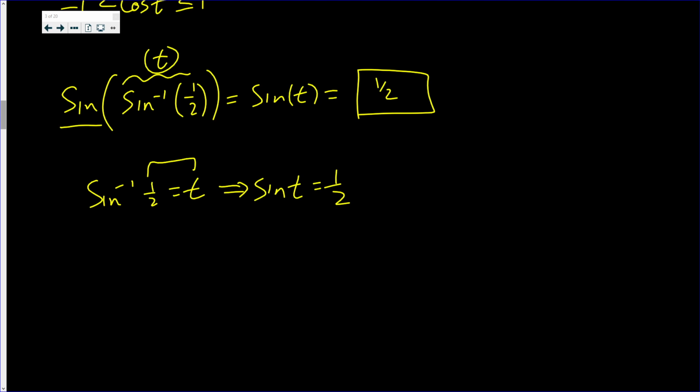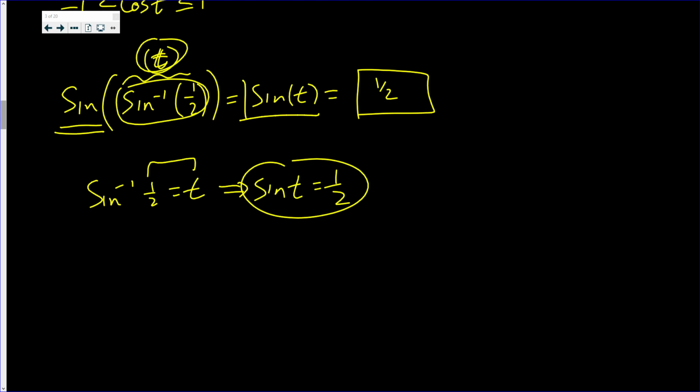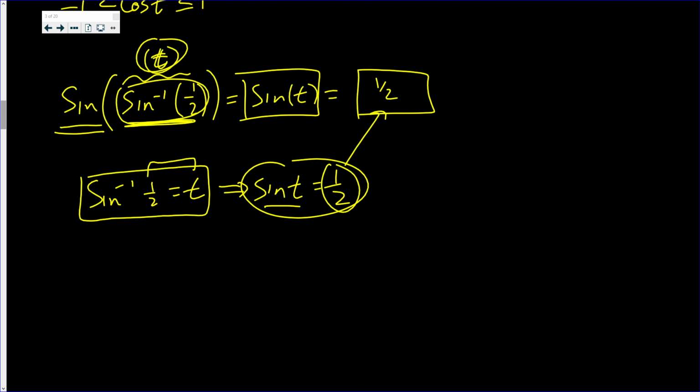I'm done. I know what sine of t is. We want to find the sine of t, and once I have the sine of t, I'm done. This is what we define t to be. Sine inverse of 1/2 is t, but that means the sine of t is 1/2.